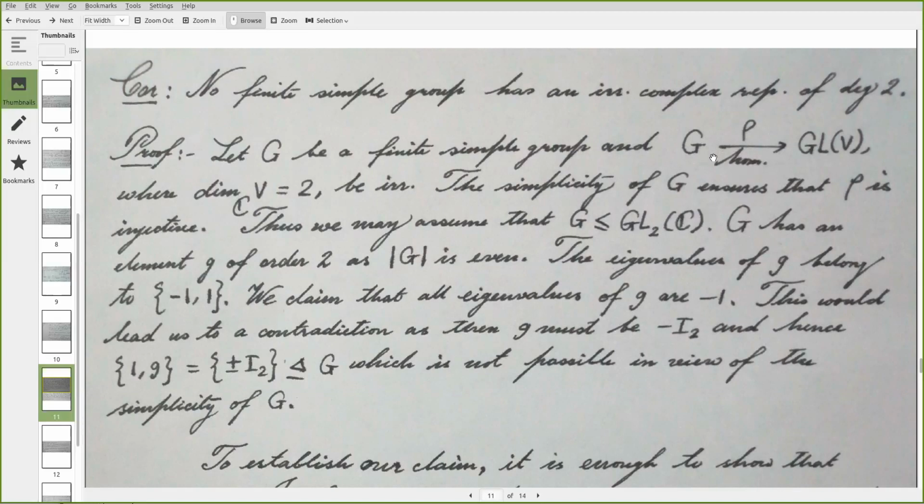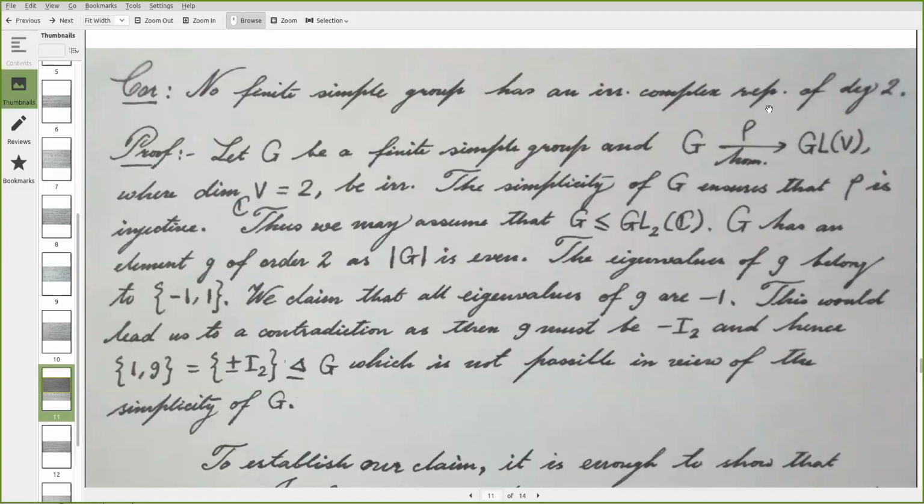Therefore this map is injective. So G can be regarded as a subgroup of GL(V), and then by passing through a basis, we can without any loss of generality assume that G is a subgroup of GL2(C). Now we use the dimension theorem to see that the order of G must be even, because it has a two-dimensional representation.